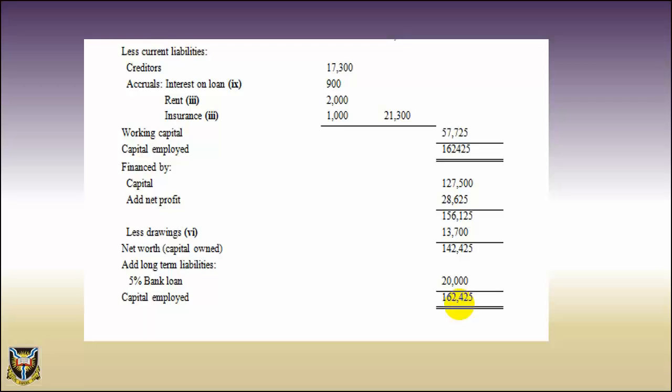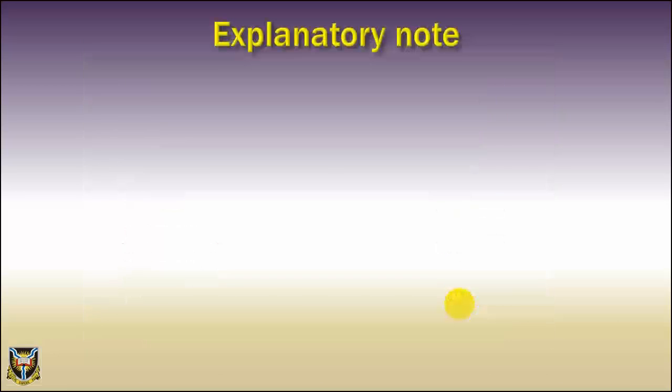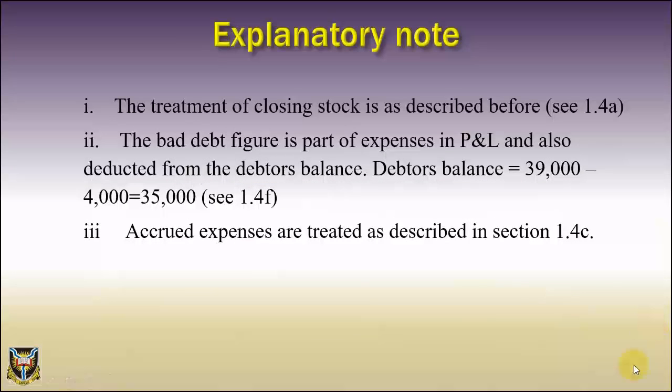Explanatory notes. 1. The treatment of closing stock is as described before. See 1.4a. 2. The bad debt figure is part of expenses in P&L and also deducted from the debtors balance. Debtors balance is equal to 39,000 minus 4,000 is equal to 35,000.